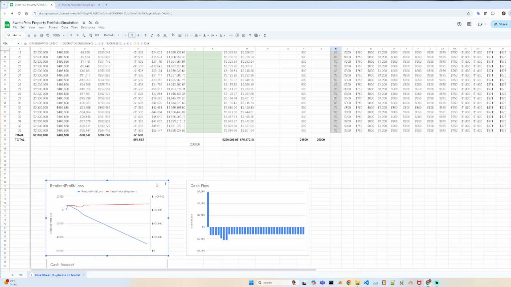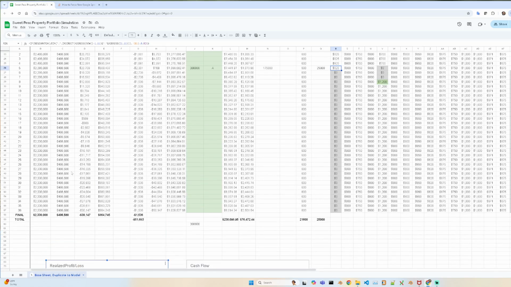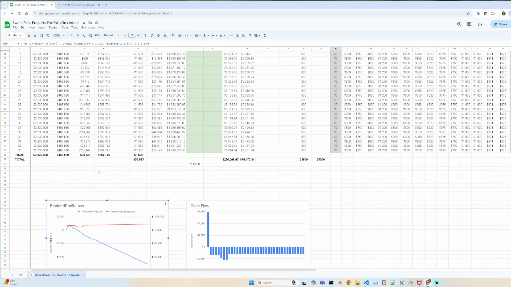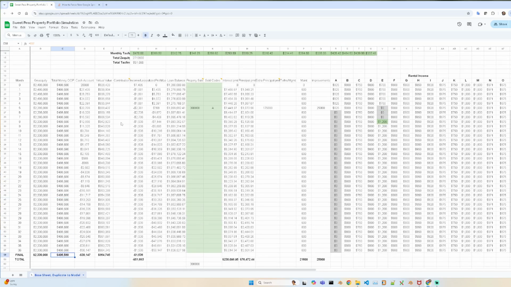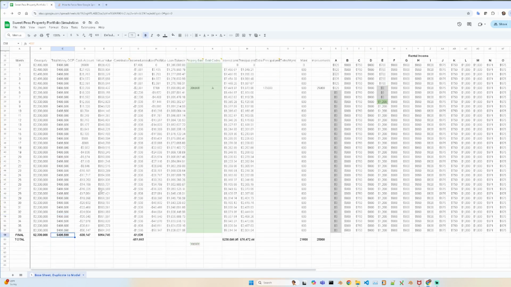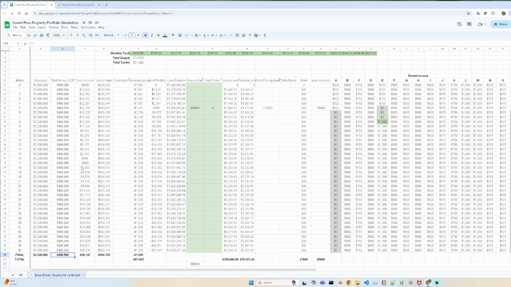But I think the total out of pocket might also be good to monitor. So let's say we know we need to keep that balance.